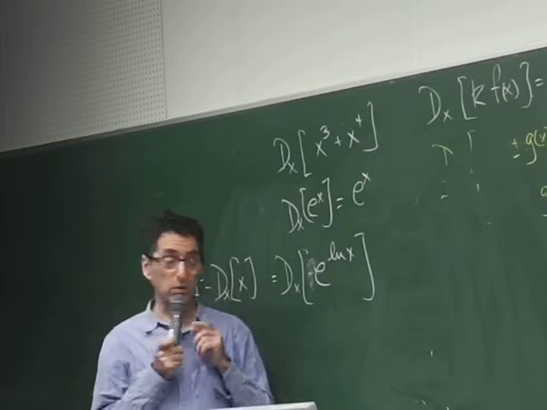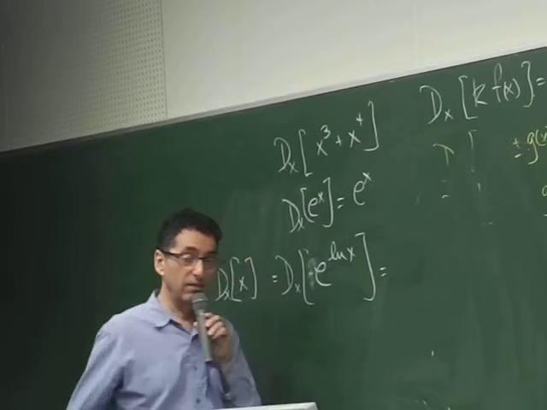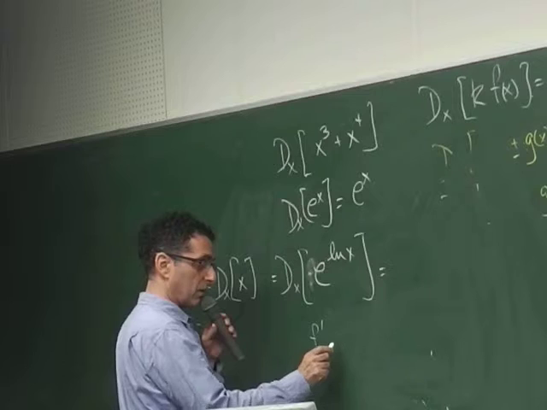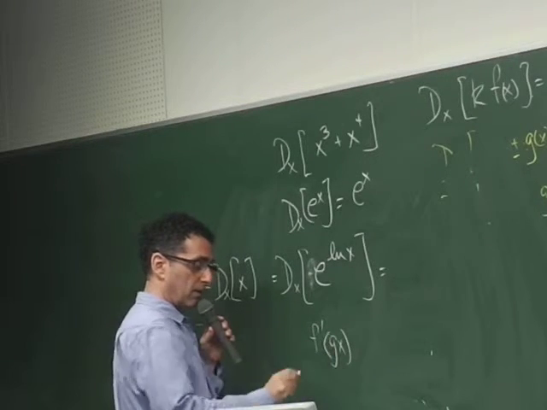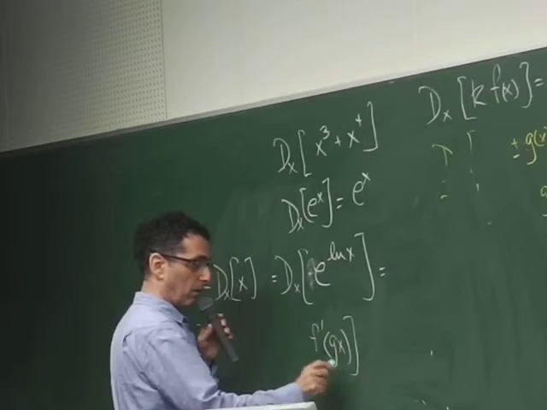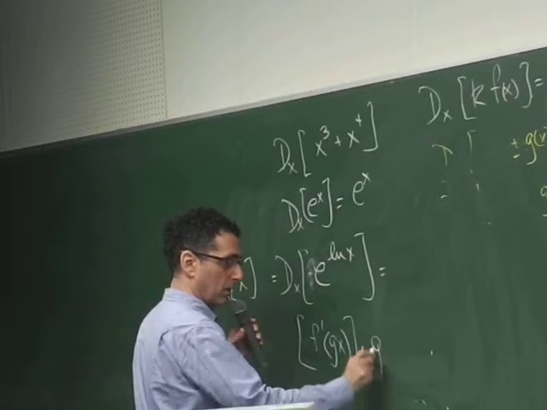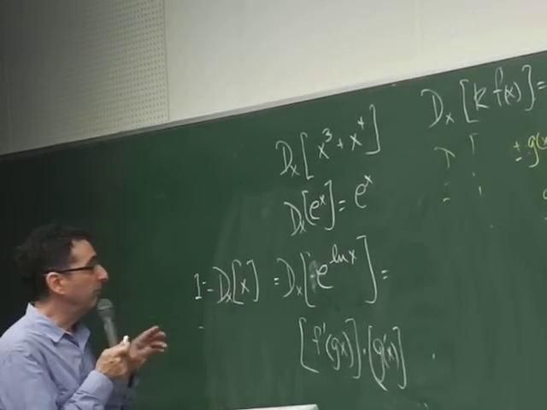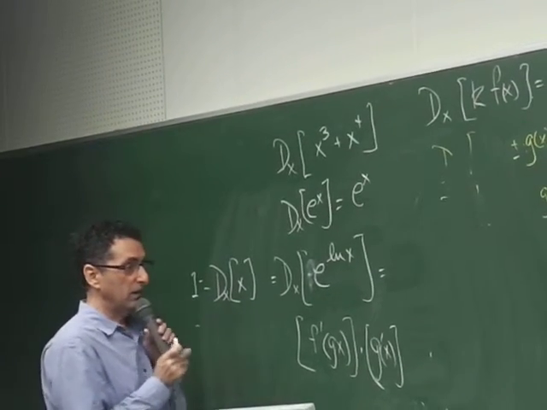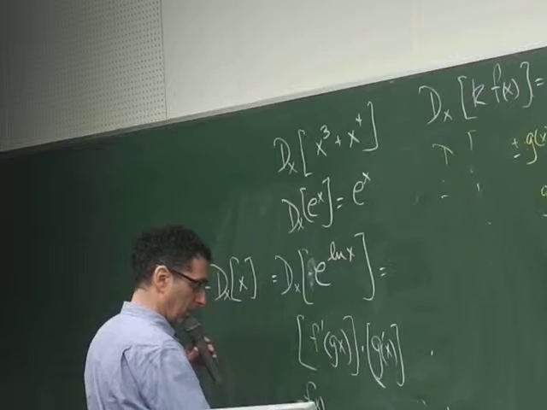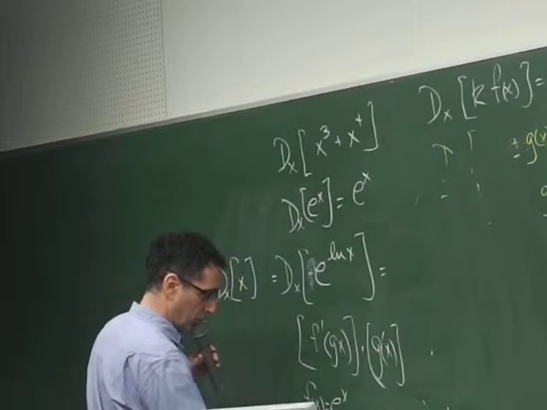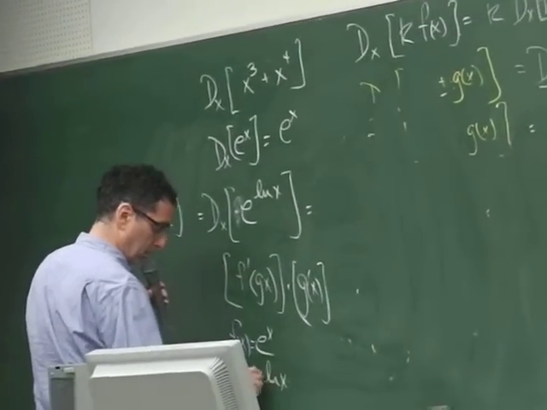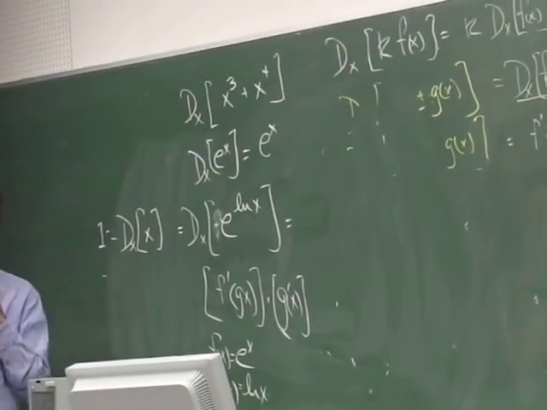The chain rule says that you take the derivative of the outside function, evaluate it at the inside function, times the derivative of the inside function. Now which one is f? f is e to the x, and g is ln of x. I hope I did this right. Yeah, I did.